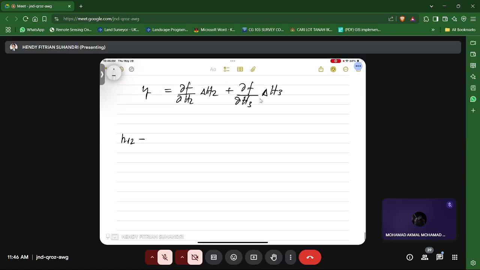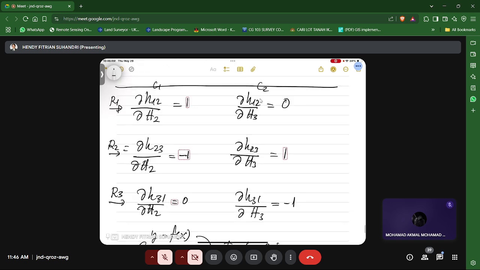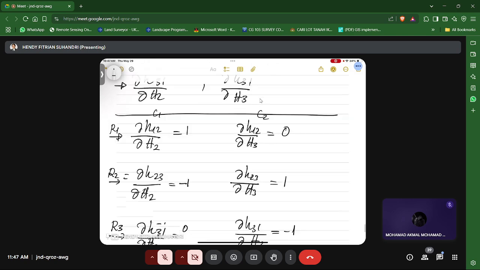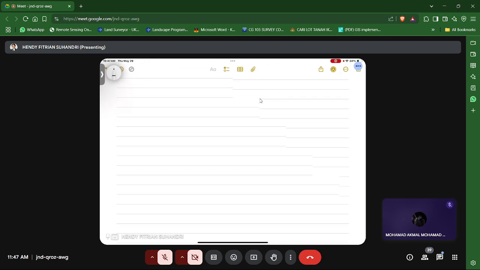So secara general, bila kita kaitkan dengan persamaan kita ni, H12 plus H1 untuk persamaan pertama: do H12 over do H2 adalah 1 times delta H2, kemudian yang untuk H3 tak ada, so 0 plus 0.